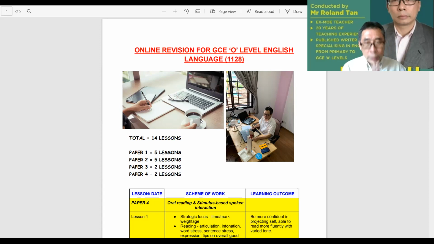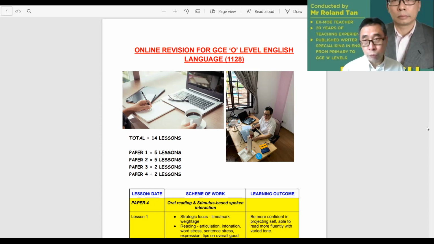Right, so this revision package is made up of 14 lessons. I'm allocating paper 1, 5 lessons, paper 2, 5 lessons, paper 3, 2 lessons, and paper 4, 2 lessons.